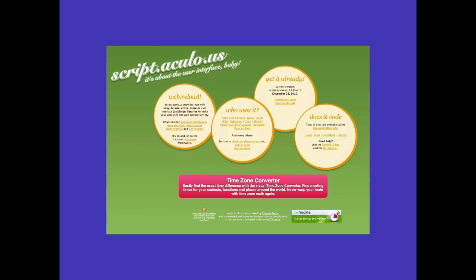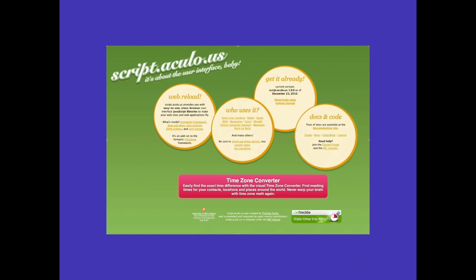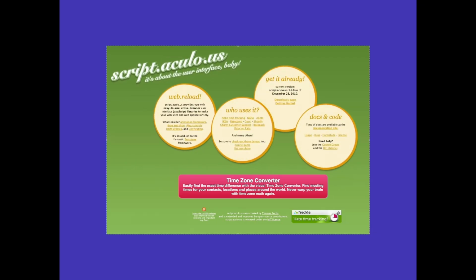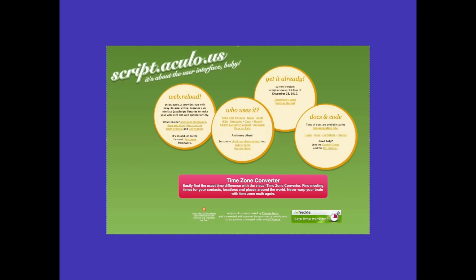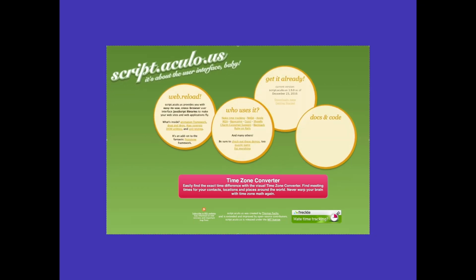Scriptaculous allowed you to have simple animations and effects in your applications, stuff like drag and drop, Ajax requests, etc. All of that was baked into Scriptaculous, so you used both, right? Using both was a pretty good way to make your applications pretty snazzy. Maybe pad your bank account with a couple extra zeros because people wanted to go to you because you knew how to make cool websites.